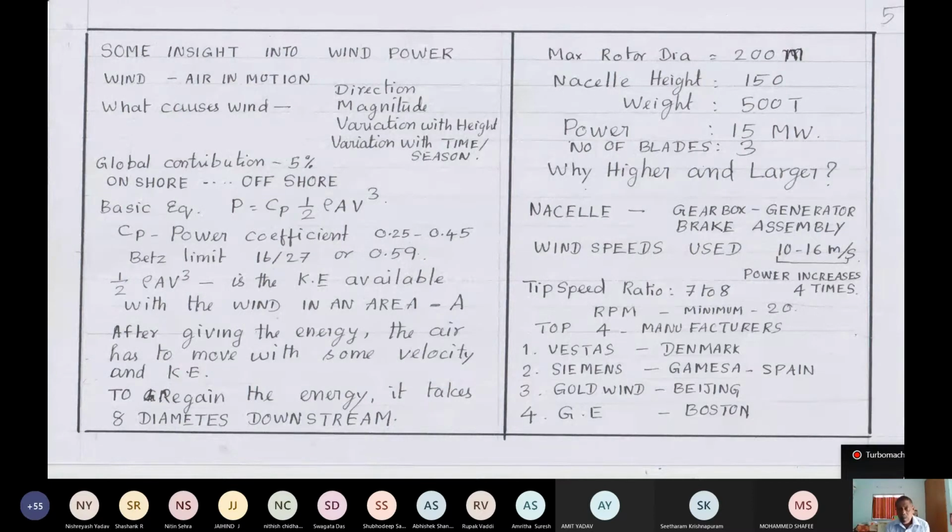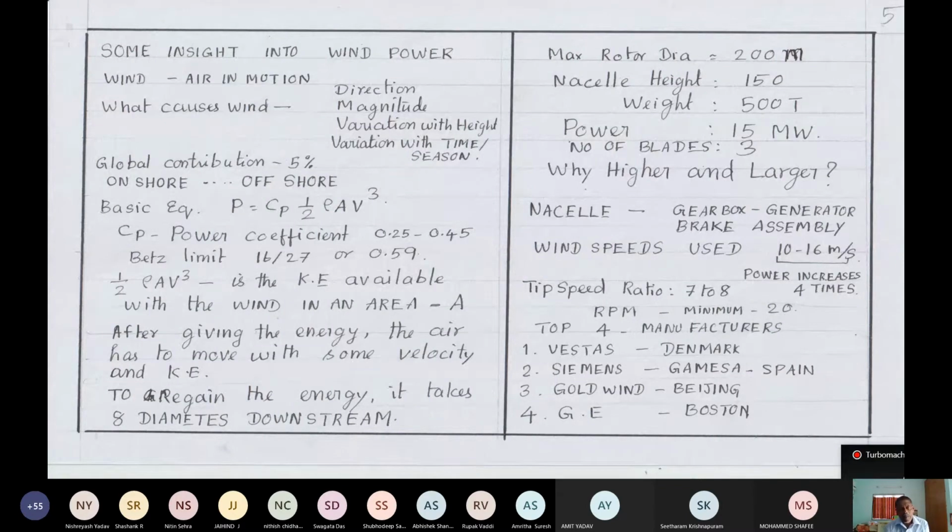Okay, so with respect to the surface, what is the relative velocity? Now what causes wind? Okay, so many answers could be there, because wind itself is part of weather, and when you talk about weather, we say that it is unpredictable.